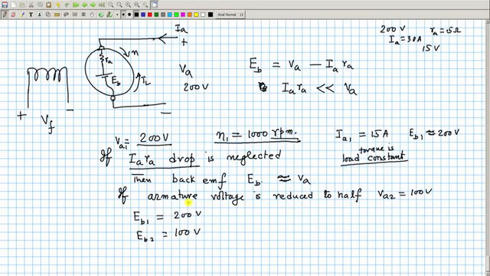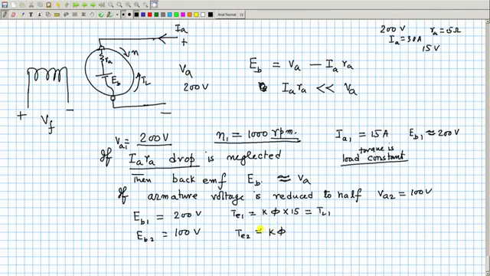Initially machine was running steadily. What was the electromagnetic torque? It was equal to K phi into 15 ampere, and that was equal to the load torque, steadily it was running. In the second case, the electromagnetic torque developed by the machine will be K phi.